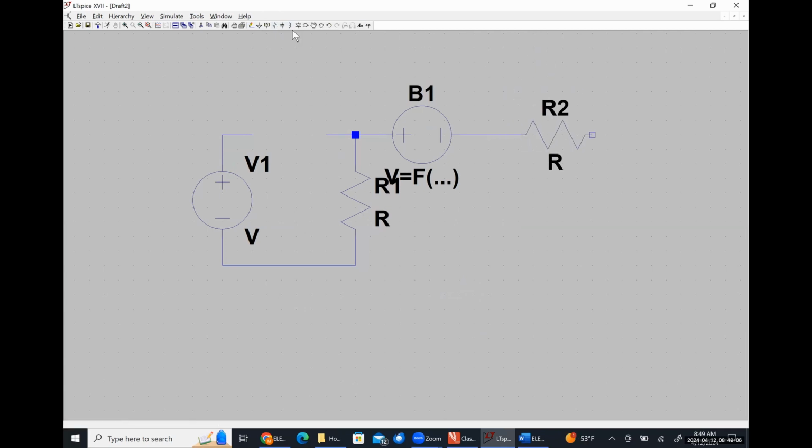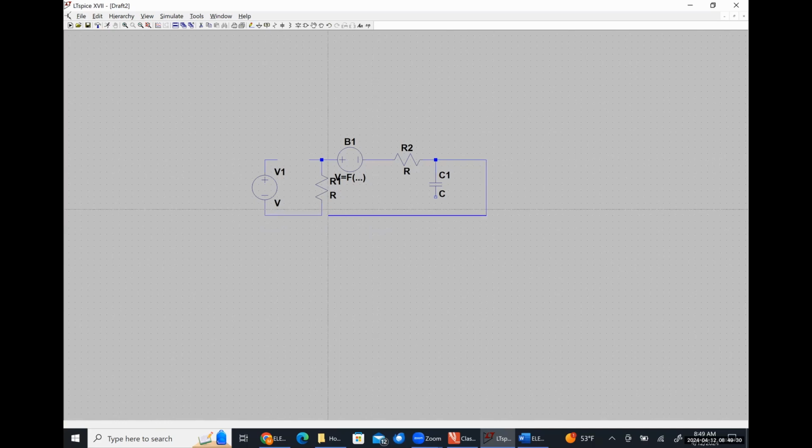Resistor over here. Capacitor goes there. Oh, what the hell just happened? All right, so let's throw values and things here.